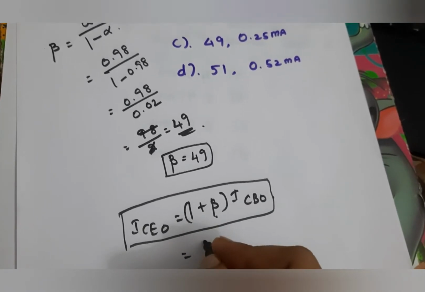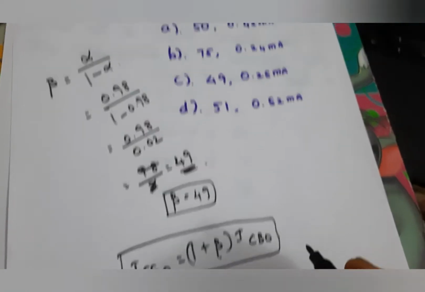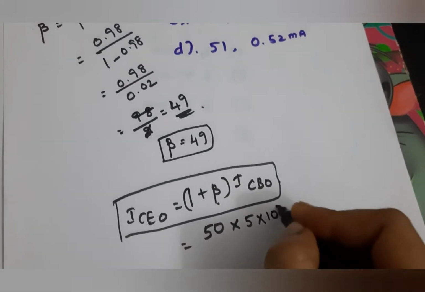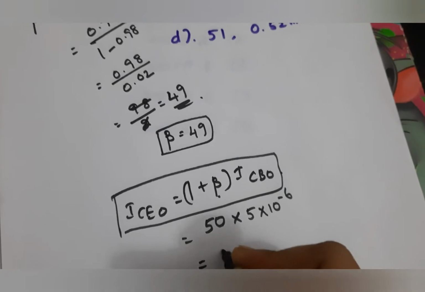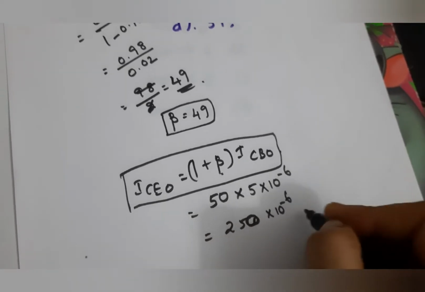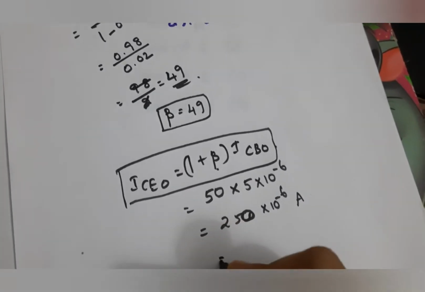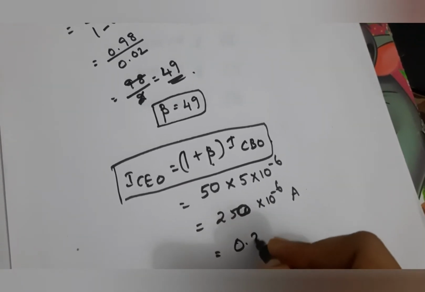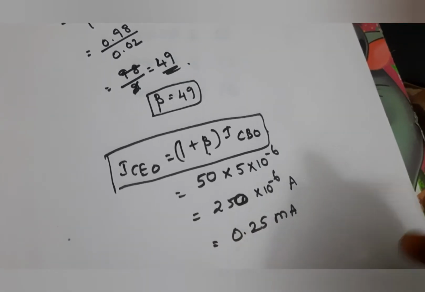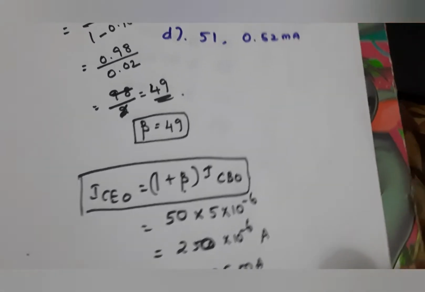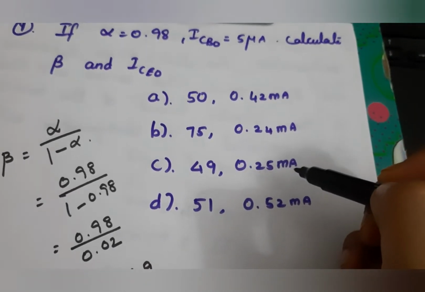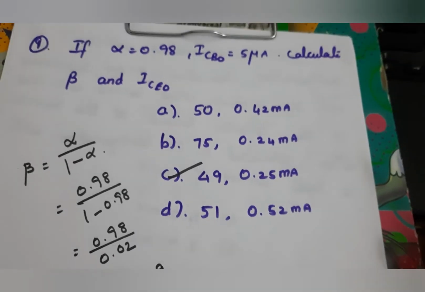So 1 plus 49 becomes 50, into 5 microamps, so 5 into 10 to the power minus 6. So this becomes 250 into 10 to the power minus 6 amps, otherwise this becomes 0.25 milliamps. So here the answer is beta is 49 and ICEO is equal to 0.25 milliamps. So C is the answer.